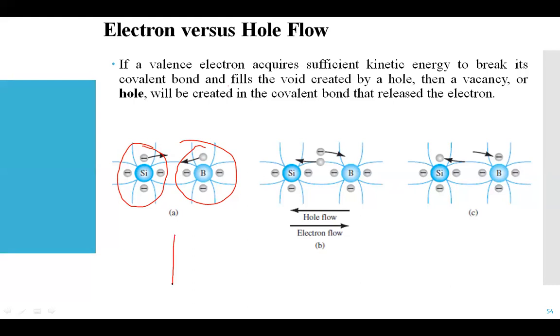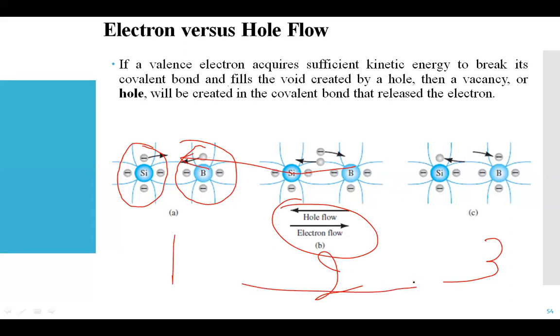So this is the first step, this is the second step, and this is the third step. Now you can see the direction of the hole traveling from right to left, and the electrons placed in the position of the holes from left to right. So the hole flow and electron flow directions are shown with this diagram.